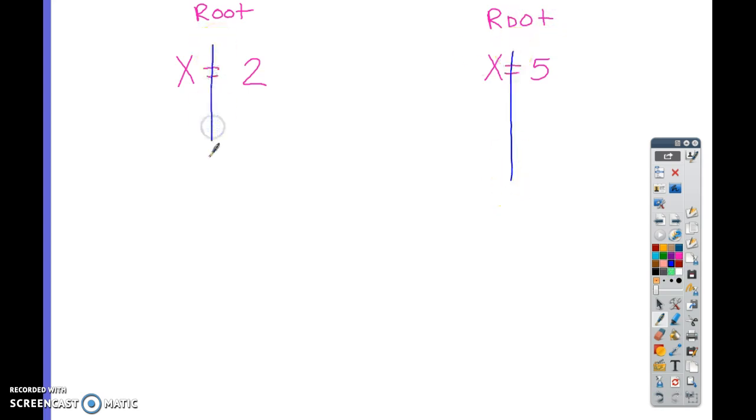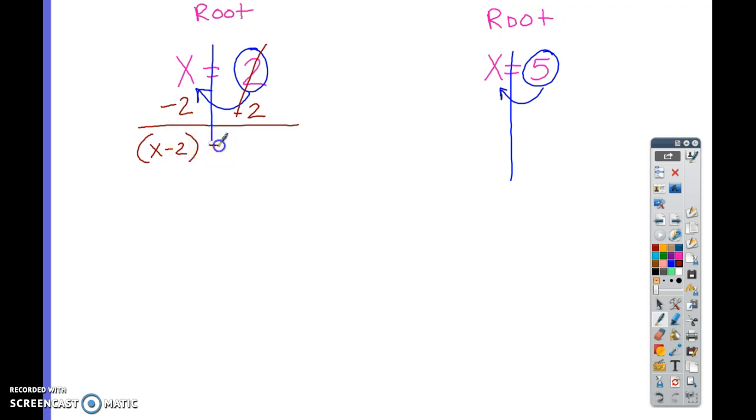So that means we have to move this over, and I have to move this over. Okay? When you move it over, you're supposed to change the sign, because in order to get rid of it, you have to do the opposite. So this is a positive 2, you would subtract 2. Subtract 2 from both sides. So that's why it changes the sign, so it becomes x minus 2 equals 0.